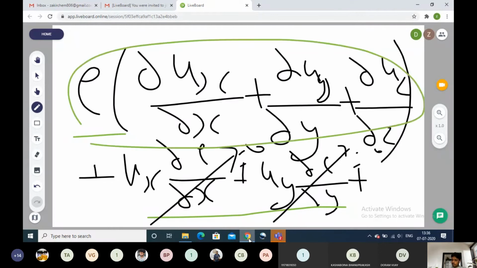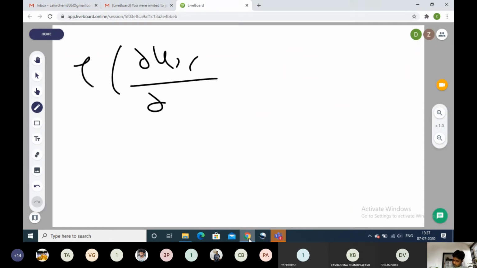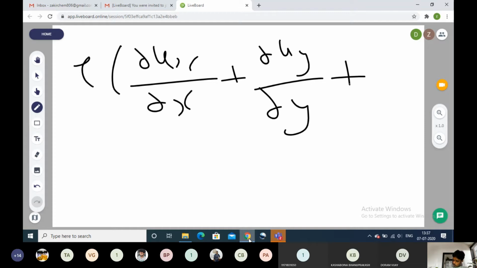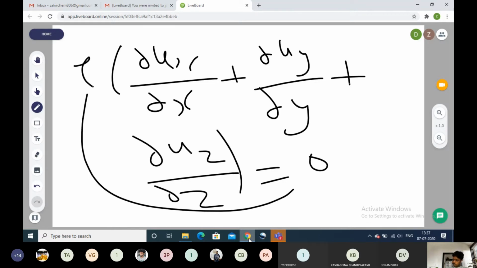So this is the continuity equation. I am writing the left out term here: rho into dou ux by dou x plus dou uy by dou y plus dou uz by dou z is equal to 0. Instead of keeping rho on the LHS, we can transfer it to the RHS, which is 0.